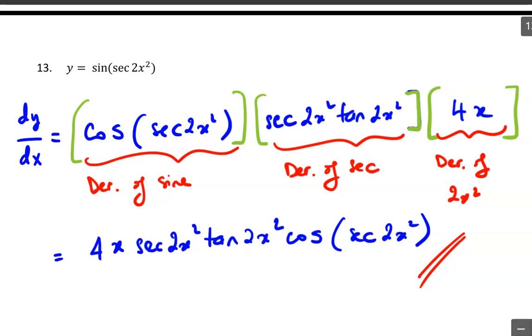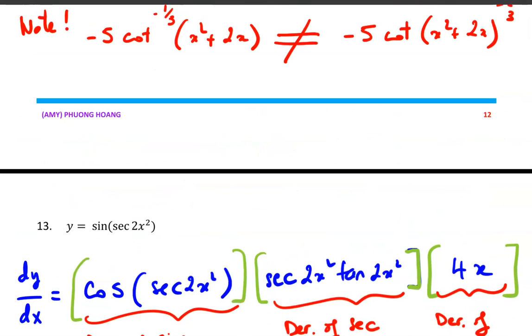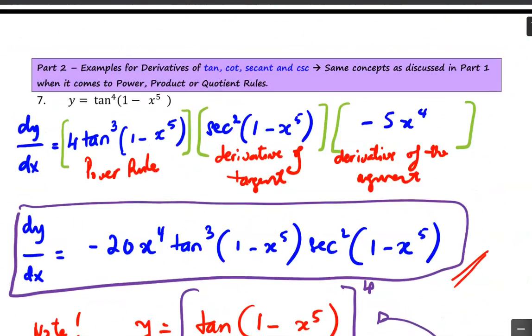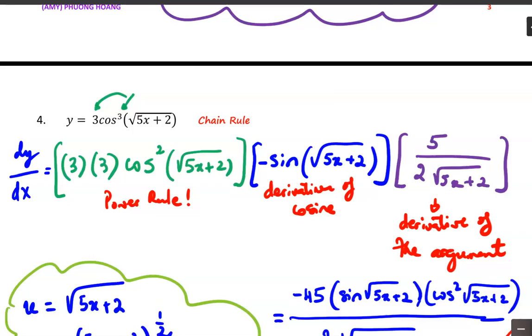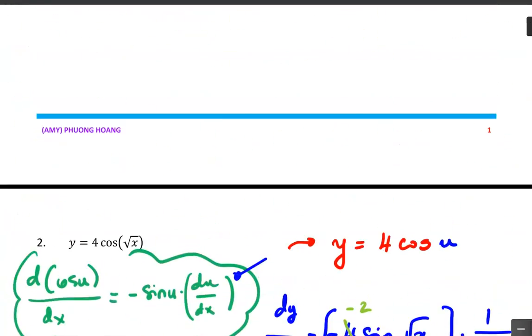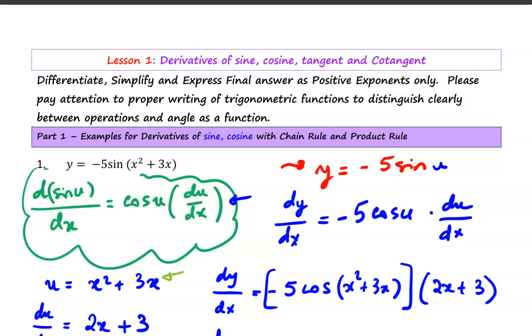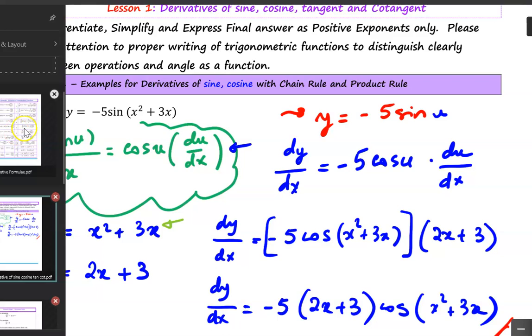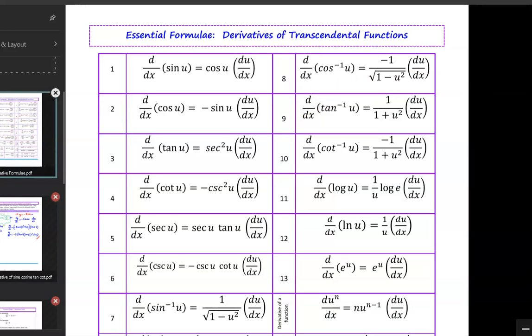Let me go back and summarize what we need to do in this case. The derivatives of sine, cosine, tangent, and cotangent: you need to take a look at the formula sheet that I have provided for everyone, recognize what formula to use, and understand the formulas.